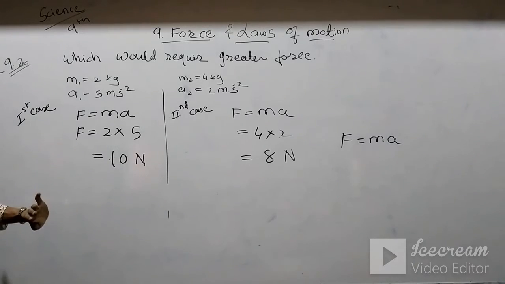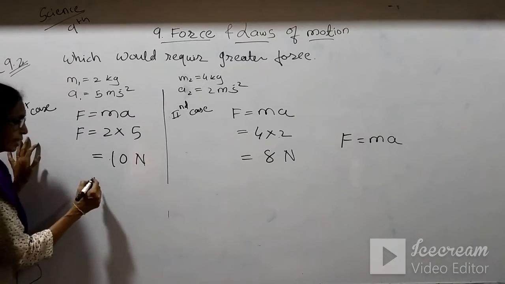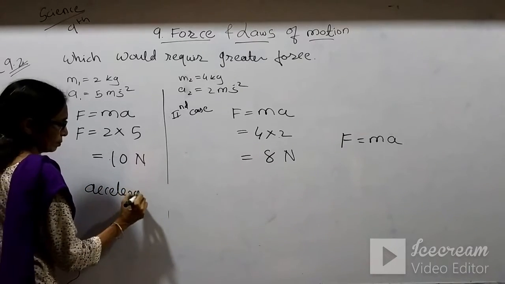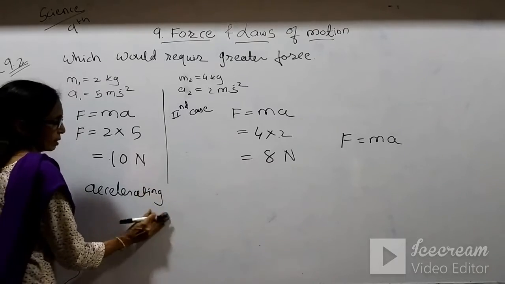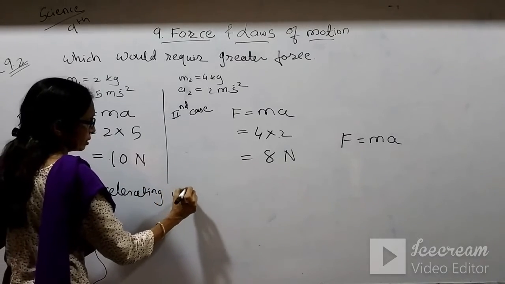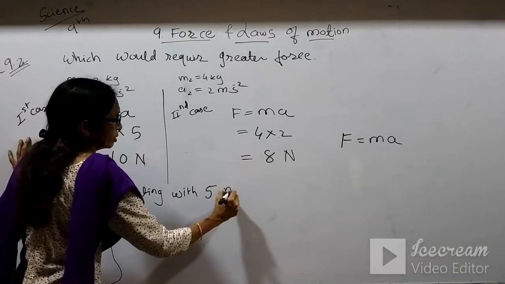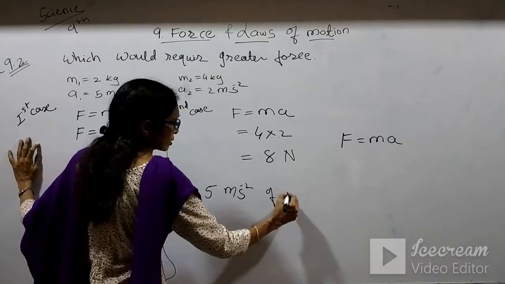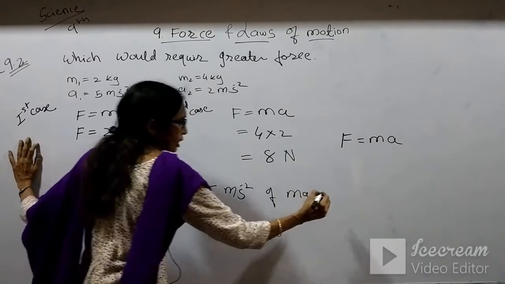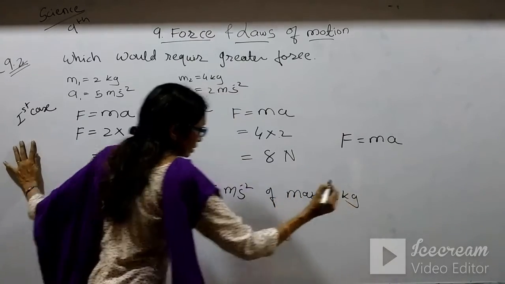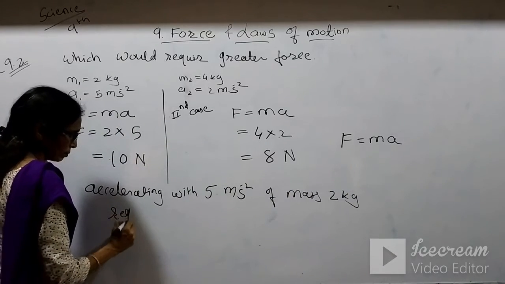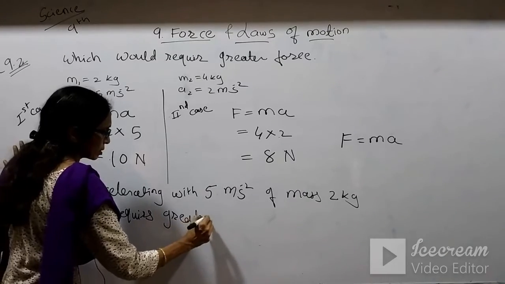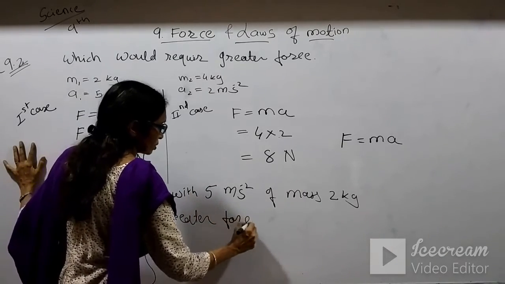It is already given in your textbook. Accelerating with 5 meter per second square of mass 2 kg requires greater force.